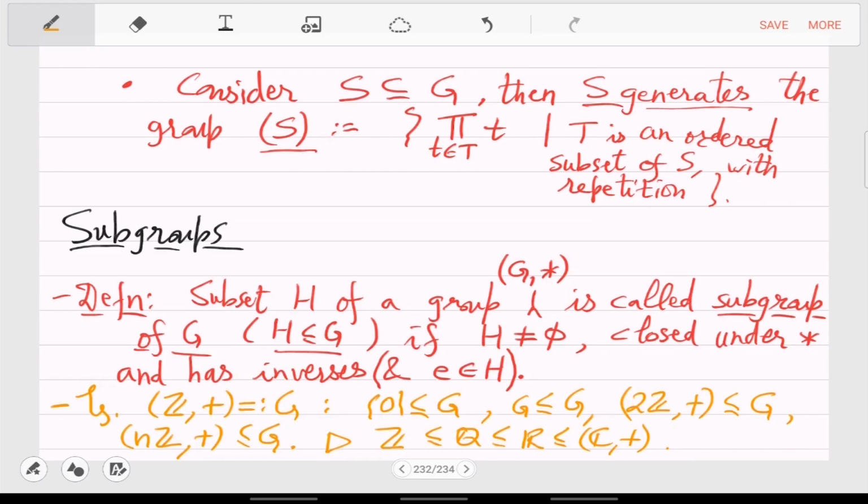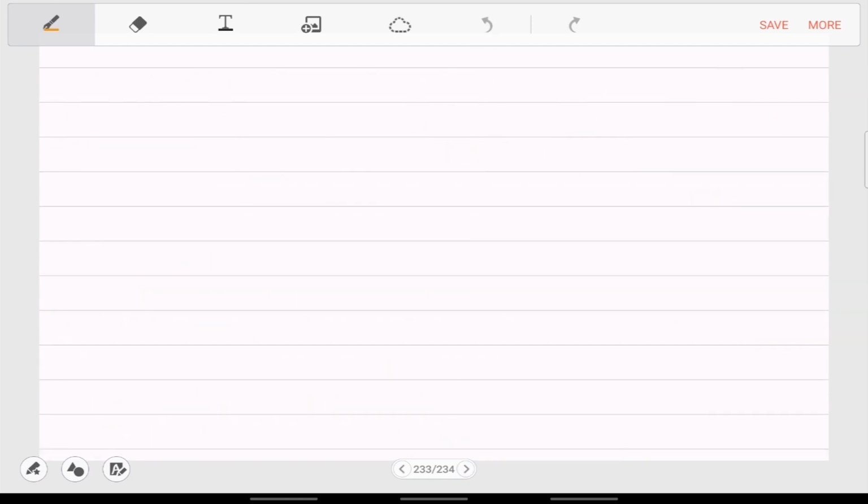Is that clear? One more interesting example you can see: in integers, if you add square root 2, then with respect to plus, this is a subgroup of reals, where Z[root 2] is basically a plus b root 2.